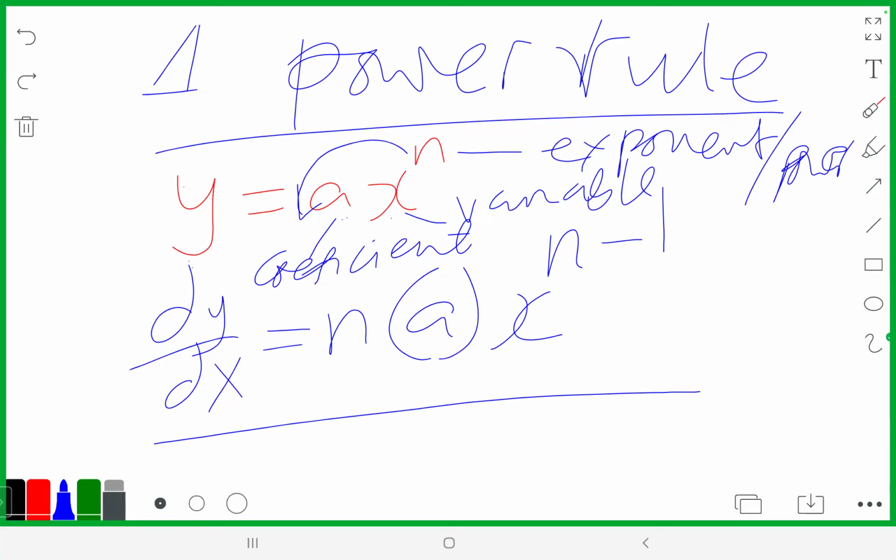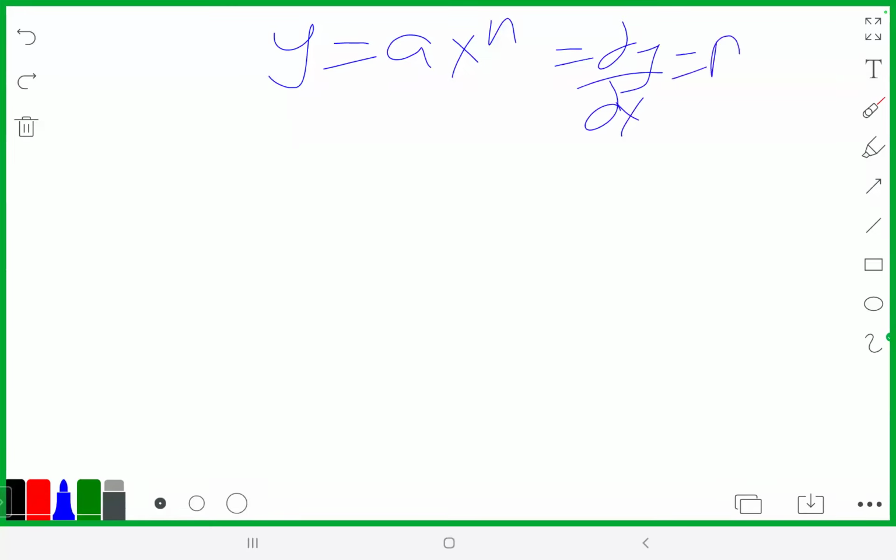Okay, so I'll rewrite that again, then I'll put some examples. I've said, if you're given an equation y equals ax to the power n, then the dy over dx of this equation shall be given as n times a times x to the power n minus 1.